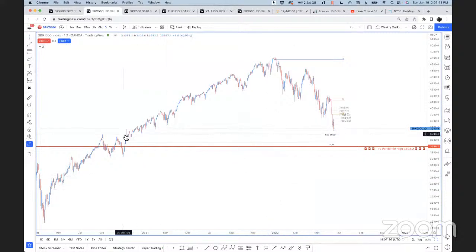And then there's another little area right here that also makes sense. That's around 35.50 area, so we'll go ahead and round that one off too. That's seller side liquidity here.